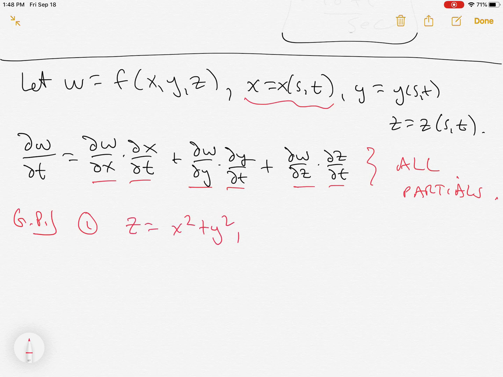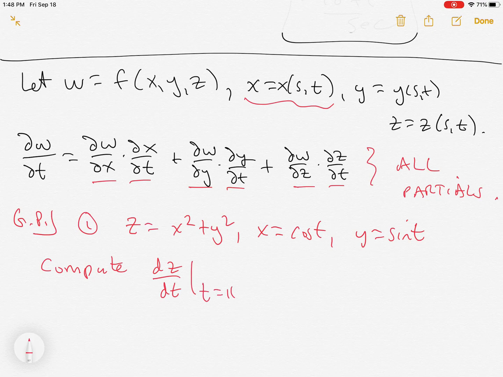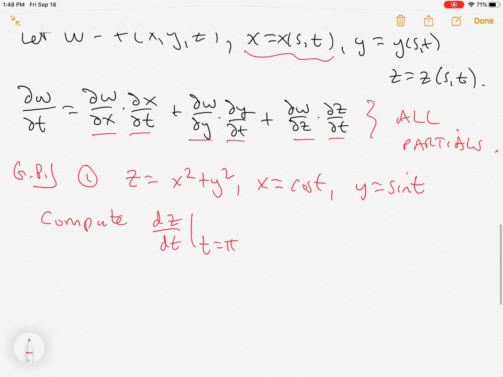This is a paraboloid. x is cos t, y is sine t, and you want to compute dz dt at t equals pi. So that's problem 1.